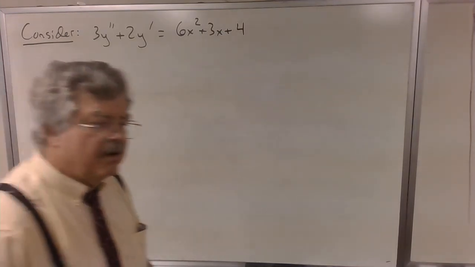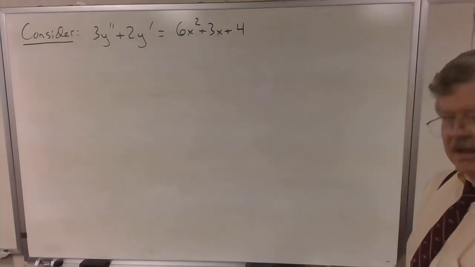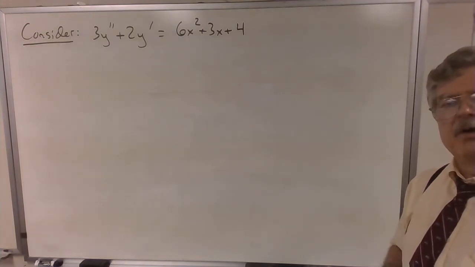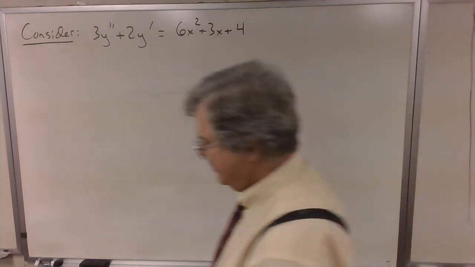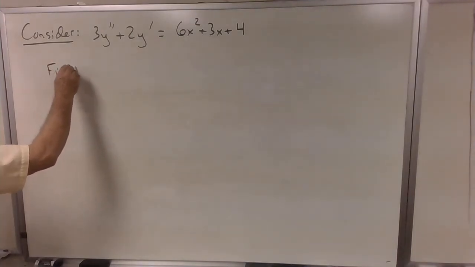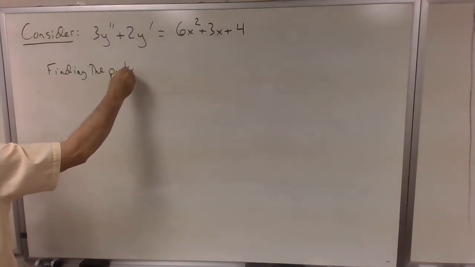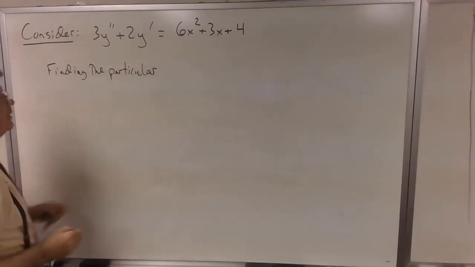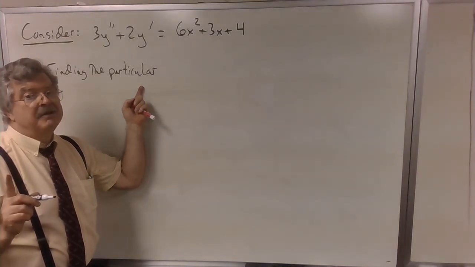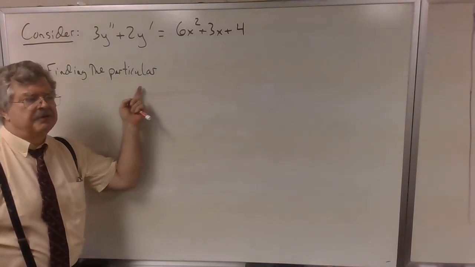It looks harmless enough. The right-hand side is a polynomial. And when we go to find the particular solution, which we don't do until we have the complementary solution, we'll assume we have the complementary solution already.